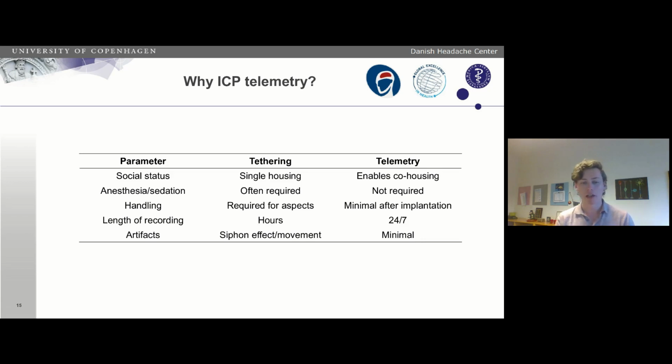And also it reduces artifacts. So if you, for example, use a water-based method to measure intracranial pressure, you'll have siphon effects on intracranial pressure, and movement artifacts affecting the fluid. Whereas with telemetry, you have minimal artifacts, and anything that is an artifact, in inverted commas, is something that's occurring as part of normal physiology rather than an artifact of the technology.